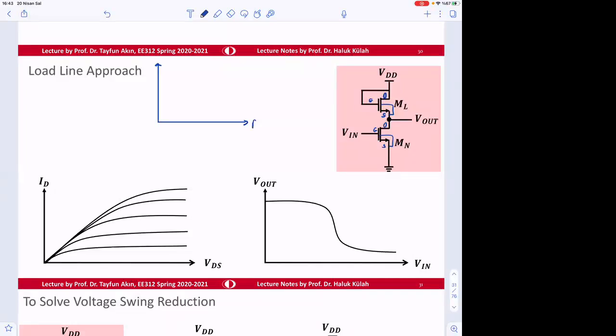So if we consider V drain to source of L, I drain to source of L, what is the curve here?